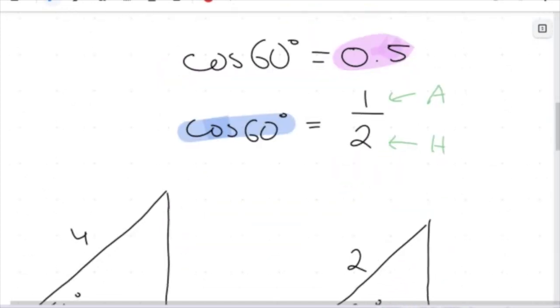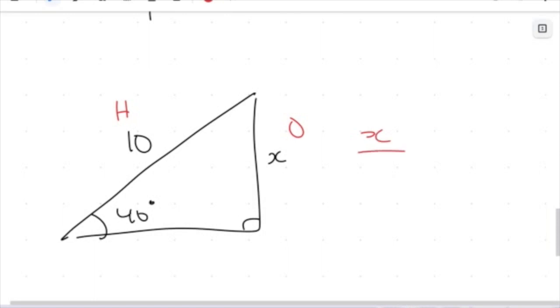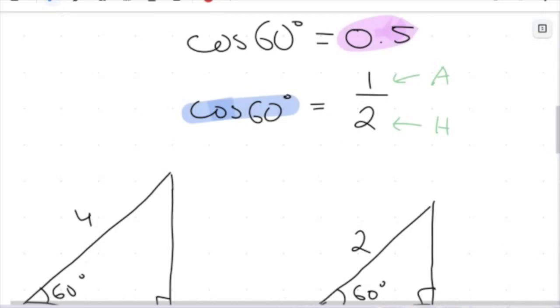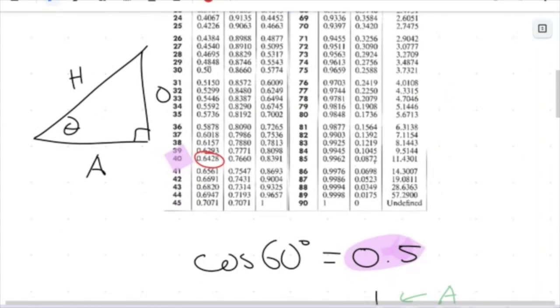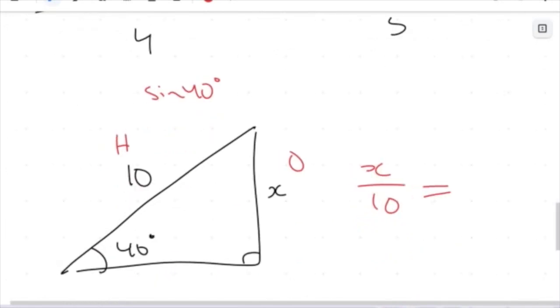So any particular ratio that we do, x on 10, or anything else, so long as this is sine 40, this is always going to equal this thing here, 0.6428. So 0.6428, I think it was, and sine of 40.